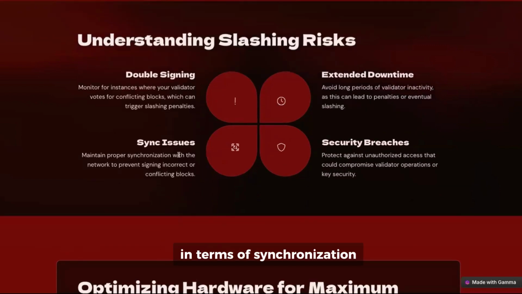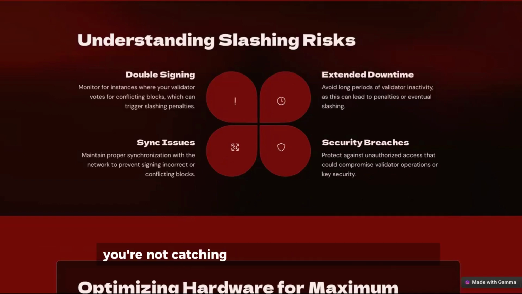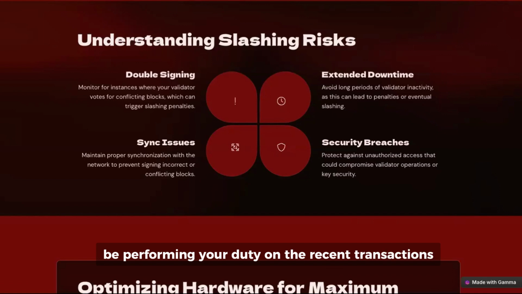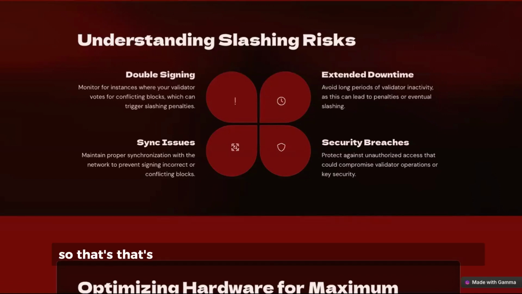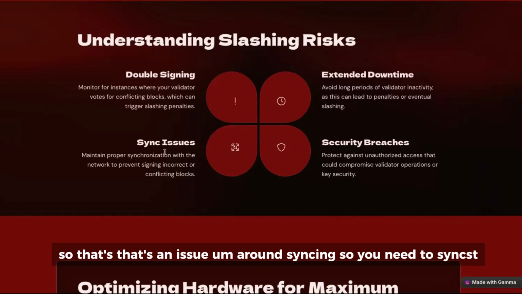In terms of synchronization, if your node is not in sync, let's say your node goes offline and for some reason you're not catching up with the recent transactions, you will not be able to perform your duty on them. So that's an issue around syncing, and you need to sync fast.